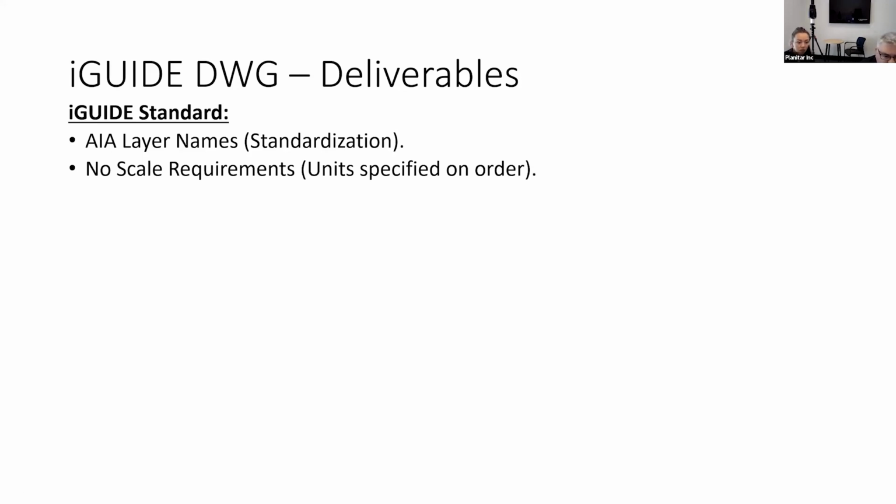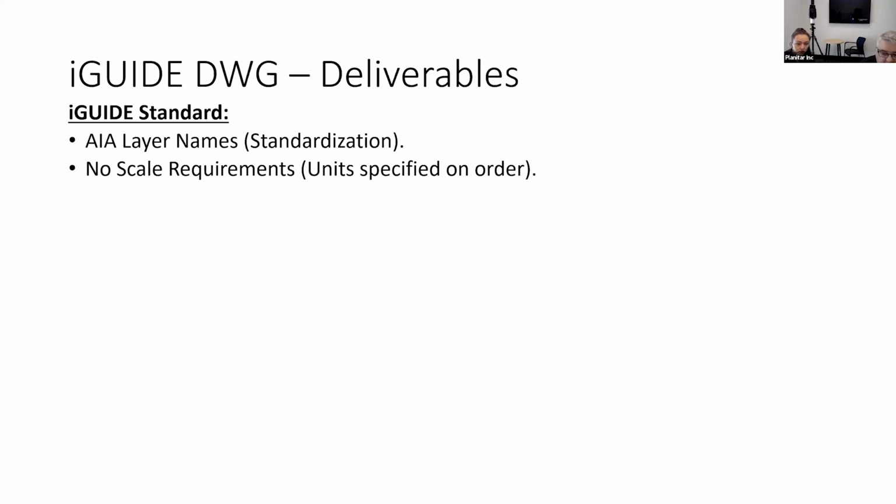No scaling requirements. This was a big one. So if you're a user and you didn't know this, when you ask for a standard or a premium iGUIDE today, you can go and download a DXF file of your property, and I'll show you that. But it was always in one system of units. It was always in metric. So you always had to scale it if you wanted to do any drafting with the DXF file in an imperial format.